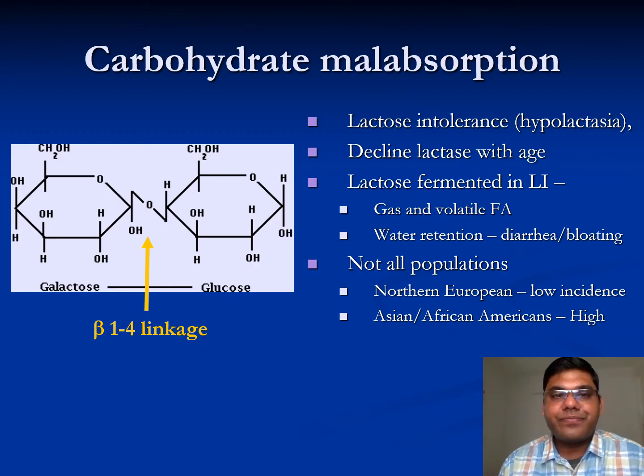Further, carbohydrate malabsorption. There may be people who have lactose intolerance or hypolactasia. There is a decline in the lactase with age. This happens when the beta-1,4 linkage between the galactose and glucose cannot be broken, so monomeric units are not produced. With lactase deficiency, there will be more problems like gas and volatile fatty acids being synthesized, and water retention leading to diarrhea and bloating.